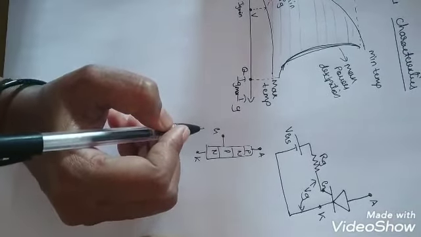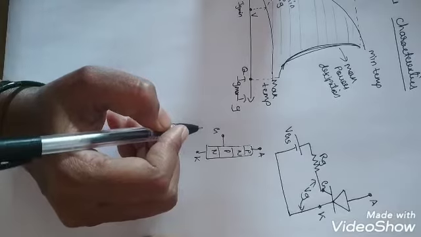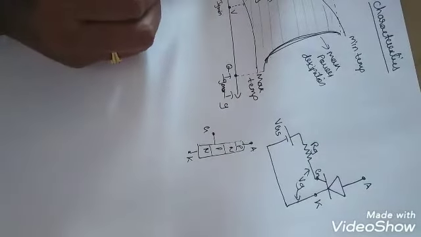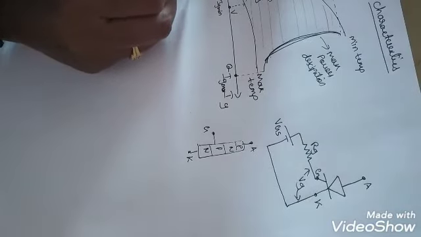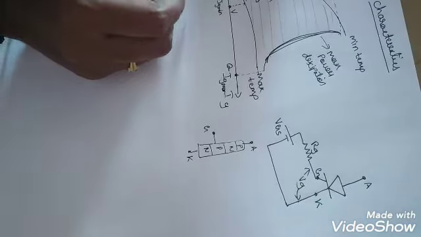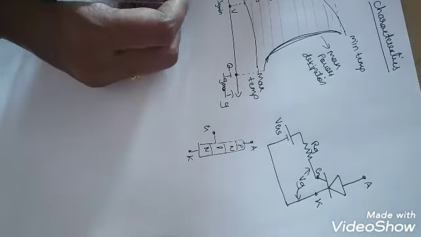So the concept of finding the operating point or the load line for this particular graph is the same as what we considered in the case of a diode.